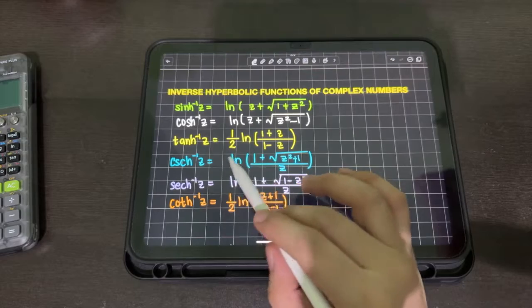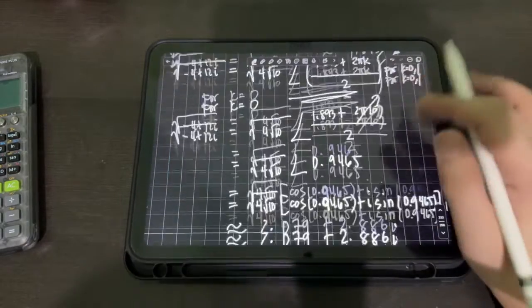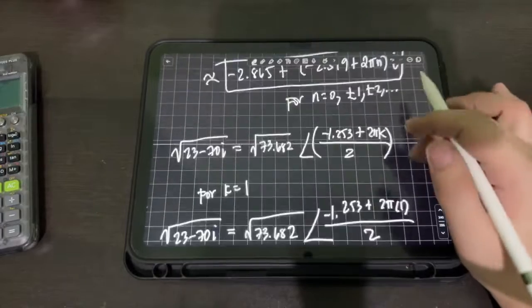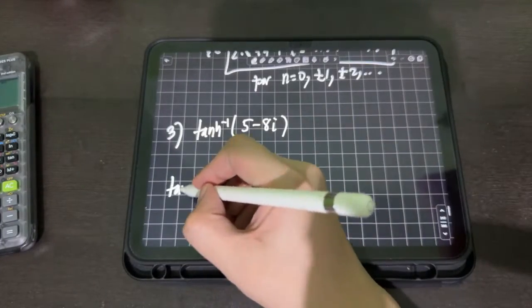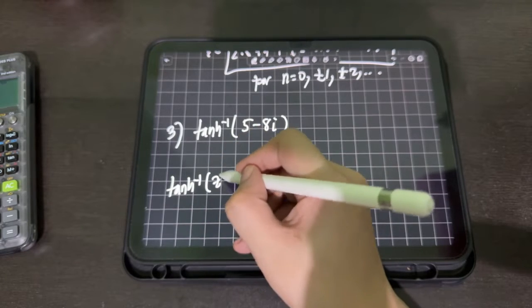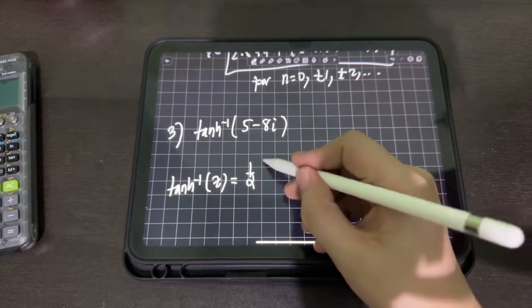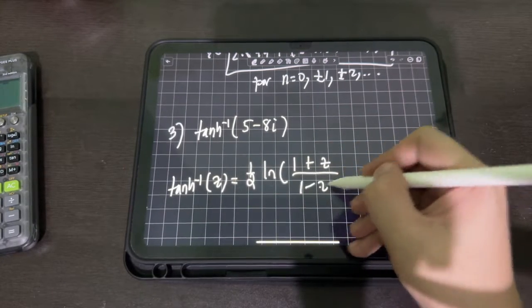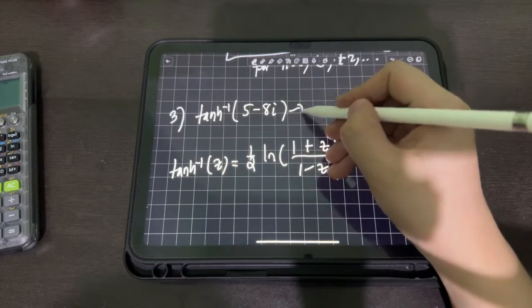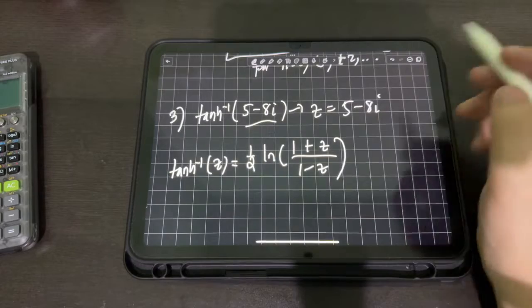Arctangent of z is equal to 1 half ln of 1 plus z over 1 minus z, wherein our z here is 5 minus 8i.